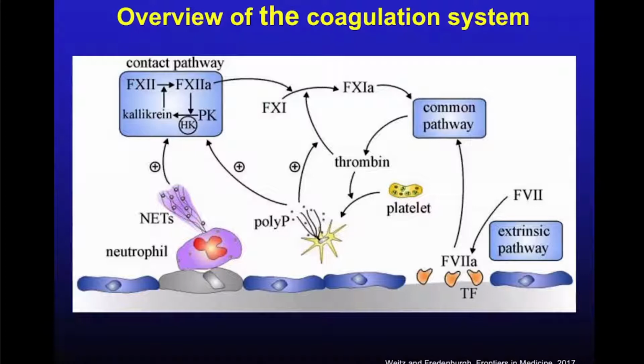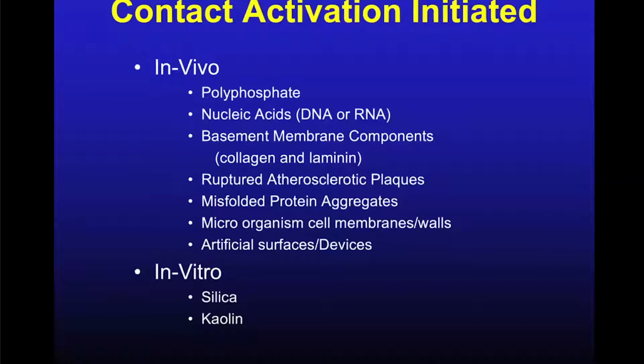And really what we have started to see is that this element of the coagulation system is very well organized. And this is the slide I referred to. This is what we now have learned over the last couple of years. What are the activators of the intrinsic pathway in vivo?